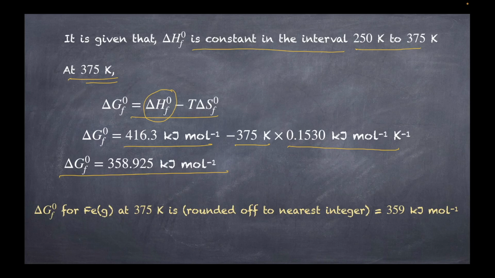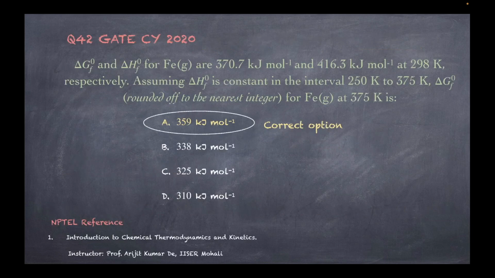So as the decimal part is 0.925, we can round up this value to the nearest integer as 359 kilojoule per mole. So the correct option will be option A, which means the change in Gibbs free energy for the formation of Fe gas at 375 Kelvin will be 359 kilojoule per mole.